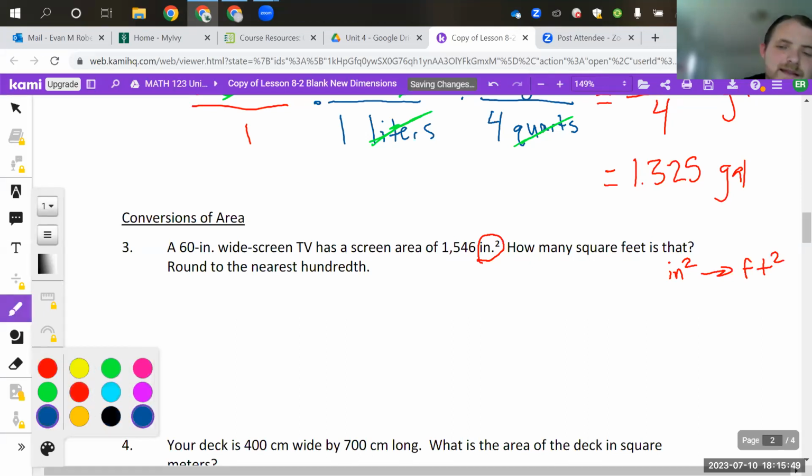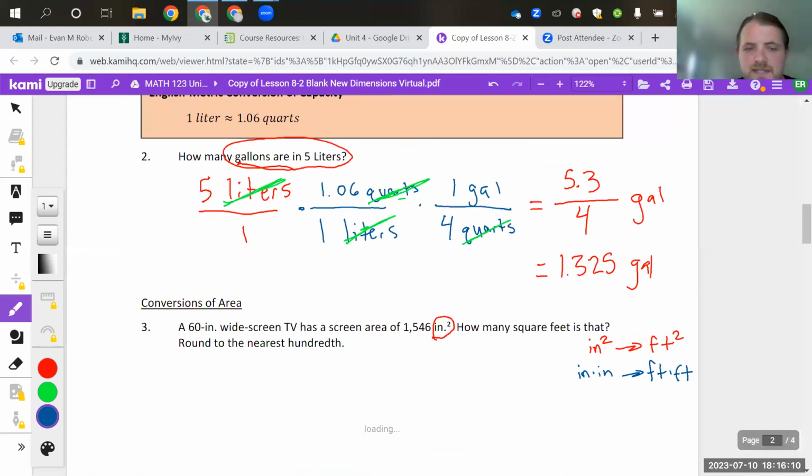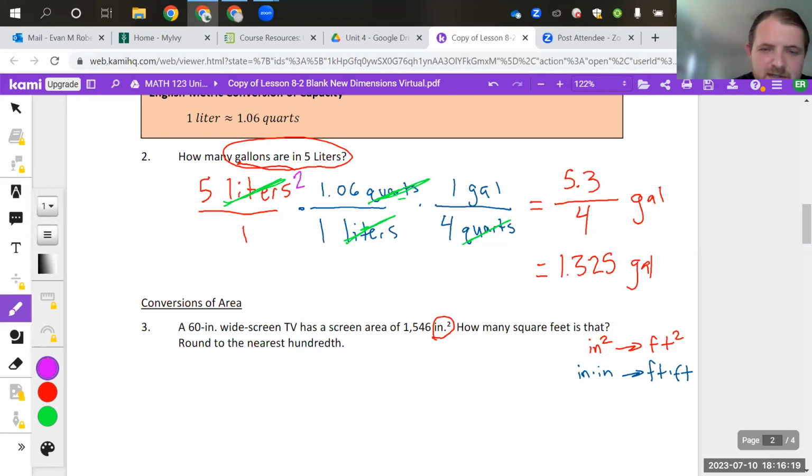Now I'm going to write this in a kind of weird way that you would never actually write it down, but I'm trying to make a point here: inches squared is the same thing as inches times inches. And feet squared is the same thing as feet times feet. The reason why this is different from the previous question is, if it was 5 liters squared, so if I do this in purple, don't copy this down because it will not be right.